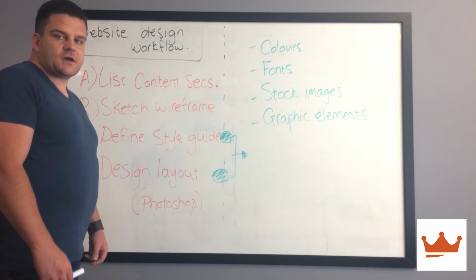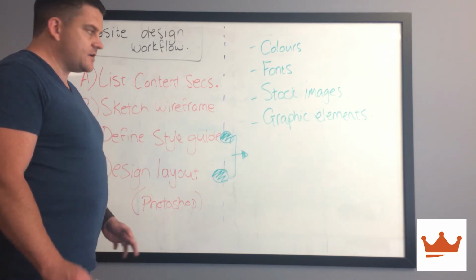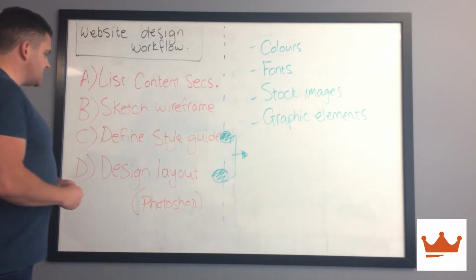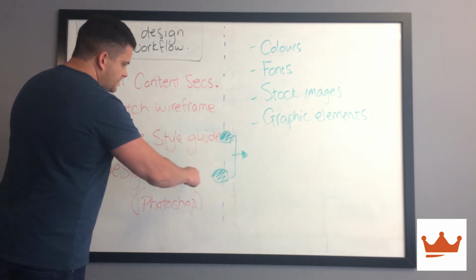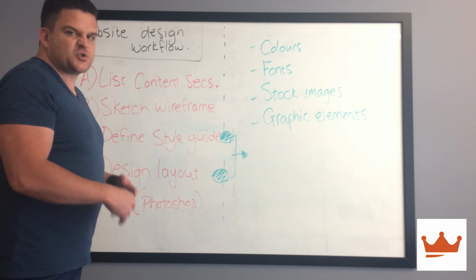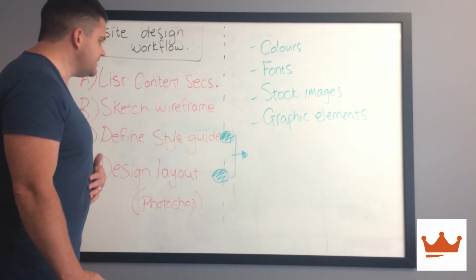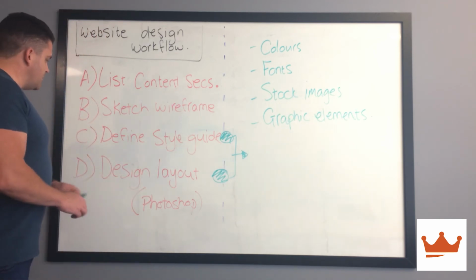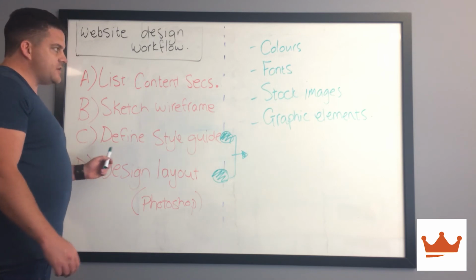And then finally we come to the actual design side of things. I've incorporated these into one element because this isn't a tutorial about actual design, but more about the structure and planning. So the next item would be to define your style guide.